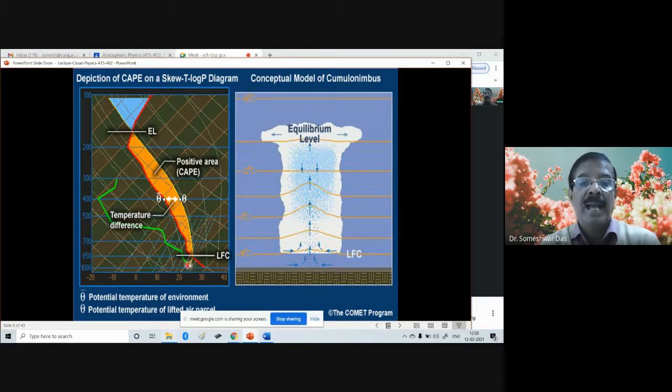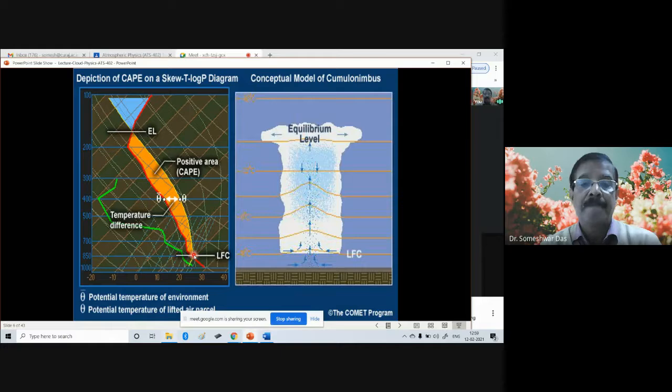The area enclosed between the moist adiabat and the environmental temperature line is called the CAPE, the convective available potential energy, and that determines how buoyant the parcel is, how high the parcel can go.